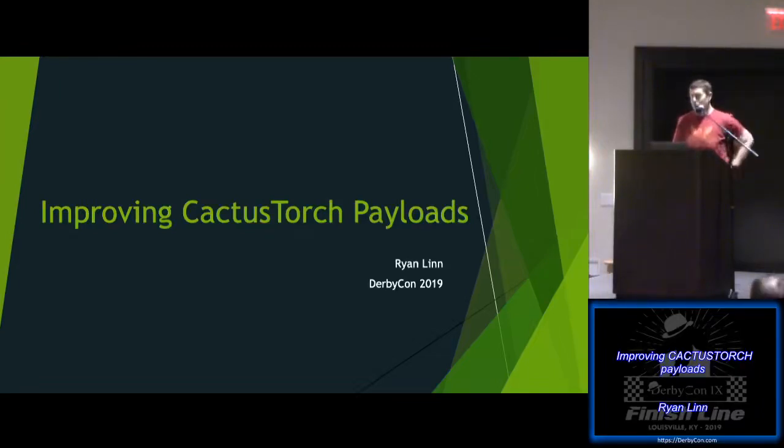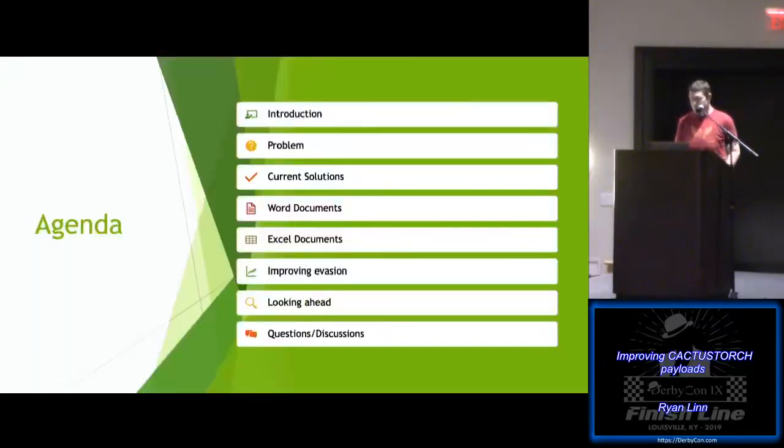So I'm Ryan Linn. I am a security strategist for a financial institution, and I help set some strategy for their red team, and also do a lot of operation on red team. One of the things that we've been looking at is how to do more effective payloads for different kinds of things.